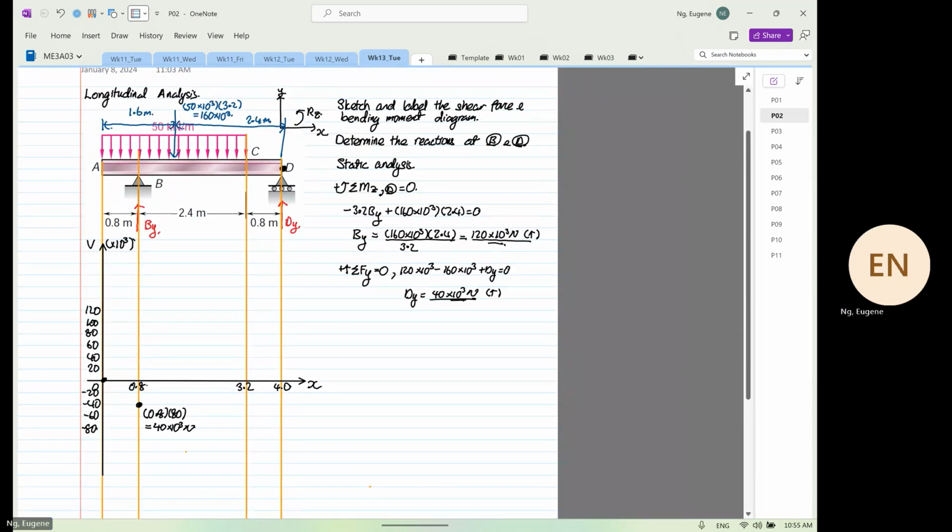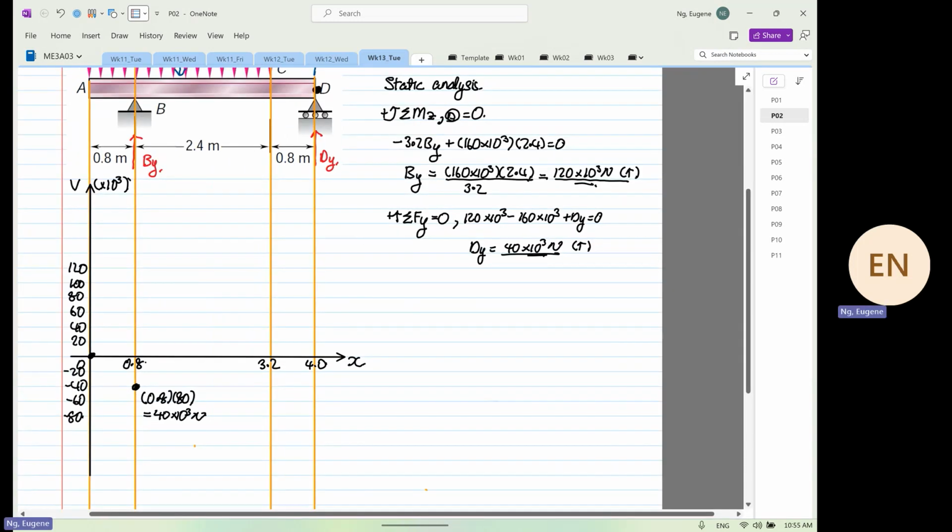Any idea? Is it a curve or a straight line? Why? So it's linear.